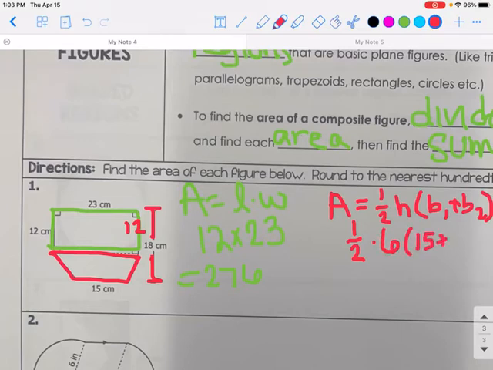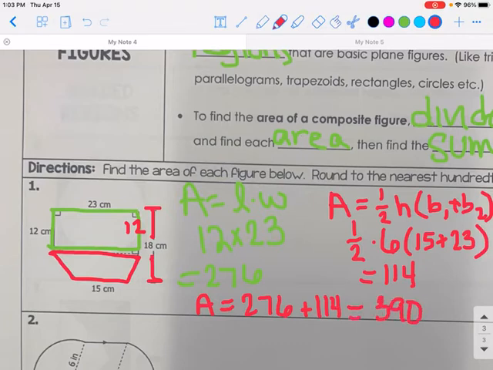The other base is shared with the rectangle, so I know it's 23. 23 plus 15 times 6, all divided by 2, is 114. Last step is to add the two shapes together. 276 plus 114, 390 centimeters squared for the entire composite shape.